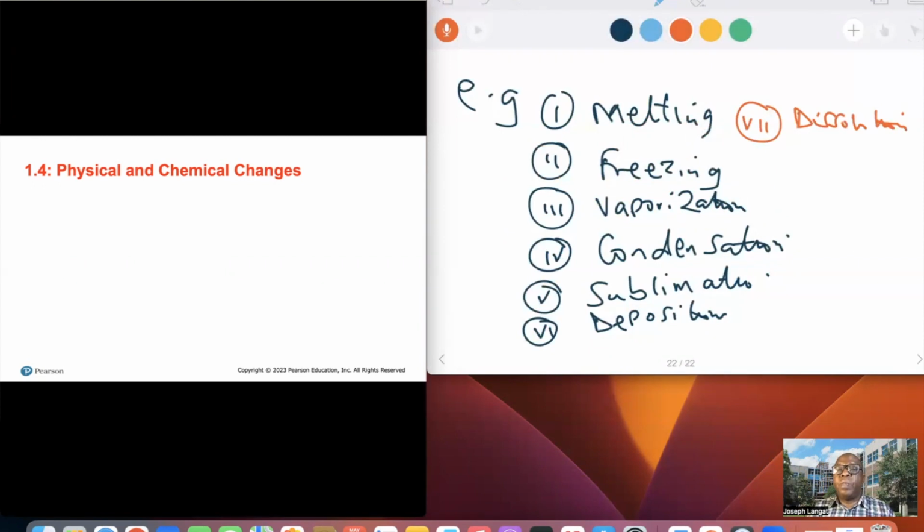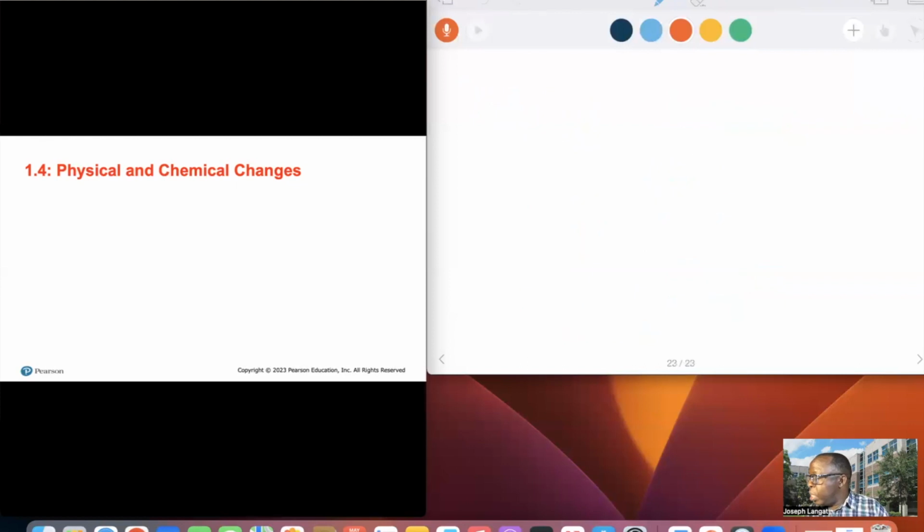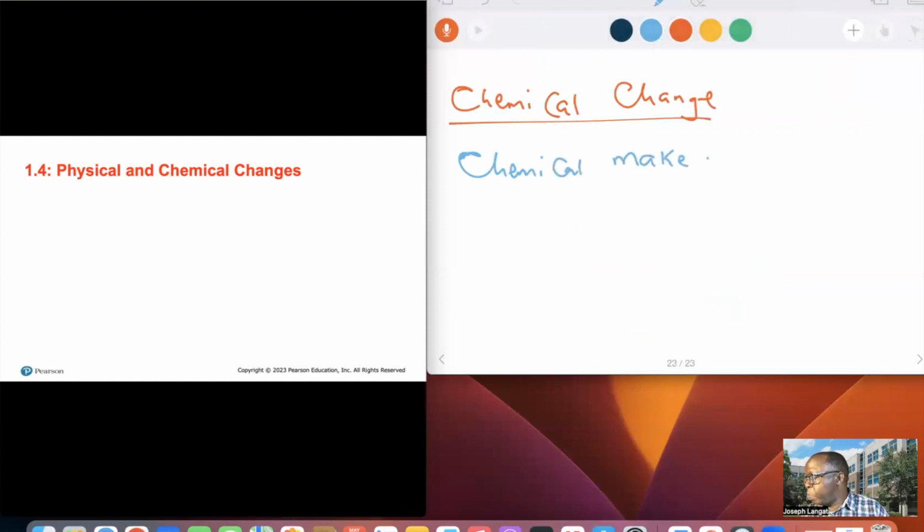This is physical change. In chemical change, if the chemical makeup is altered, that means you change it.